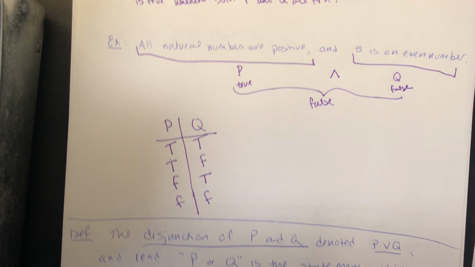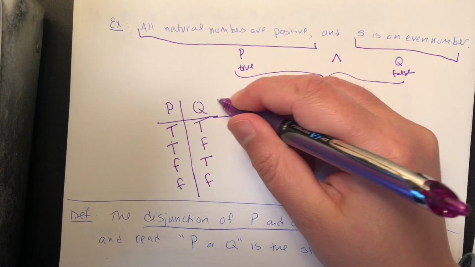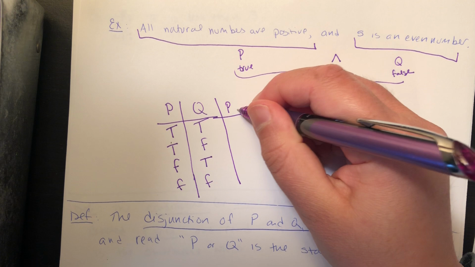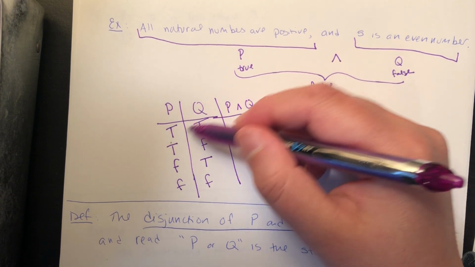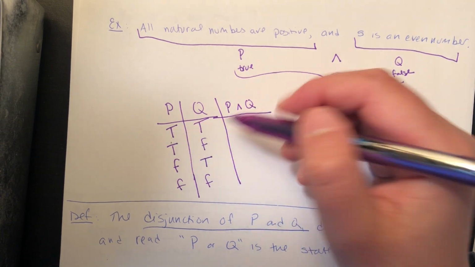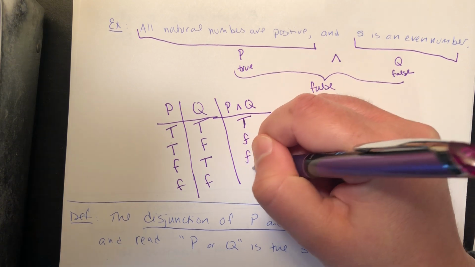These are the 4 different combinations you could have for true and false statements. And so the way that we're defining this conjunction, P and Q, it's only going to be true when both parts of it are true, when both P and Q are true. Otherwise, the conjunction is false.